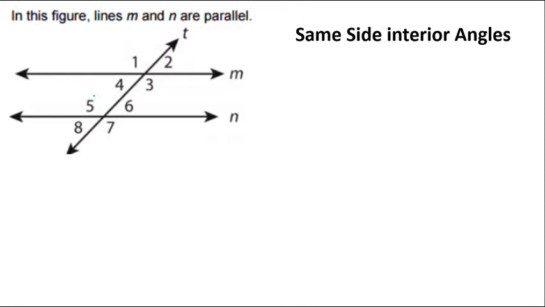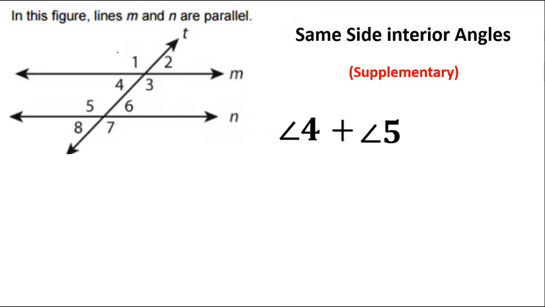Now, same side interior. Again, it says same side, where they're on the same side of the line T, and they're in the interior, or between the 2 parallel lines. And here they're supplementary, and again, that means their sum is 180 degrees. So here the 2 pairs are angle 4 and angle 5.